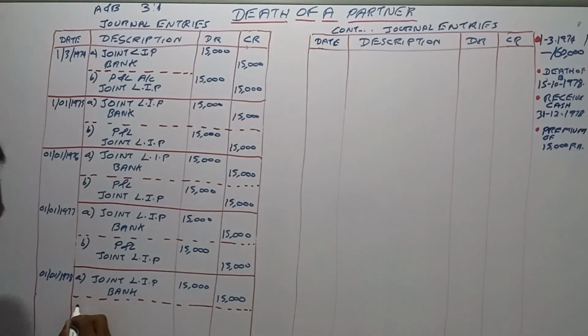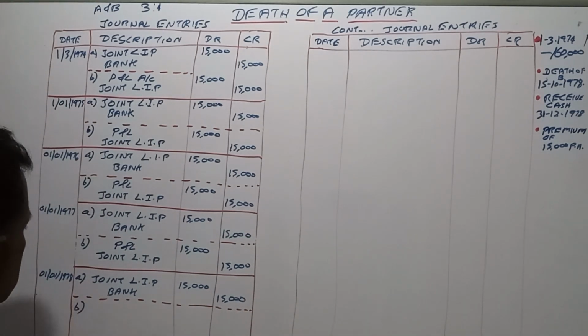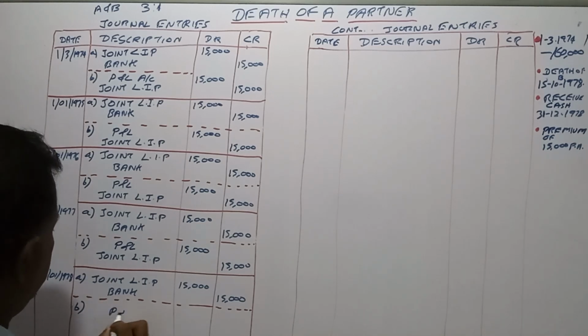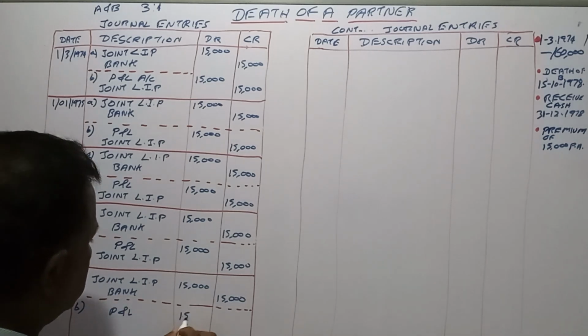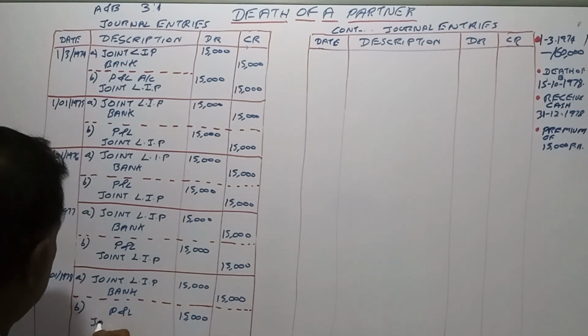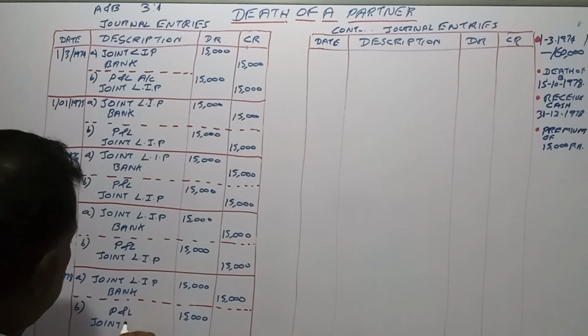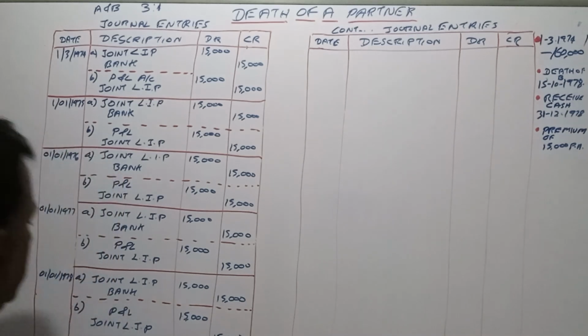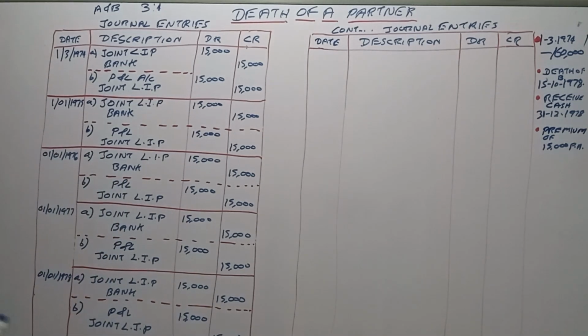Again, P&L debit 15,000 and joint life insurance policy 15,000, being it is charged to the P&L, right?